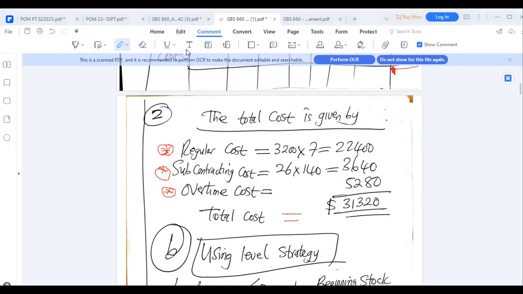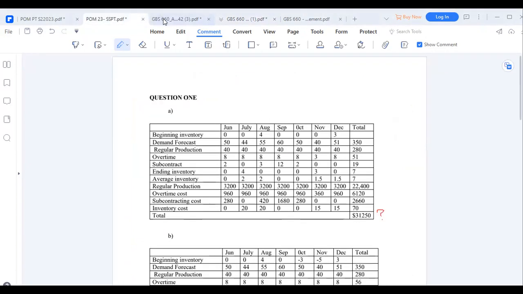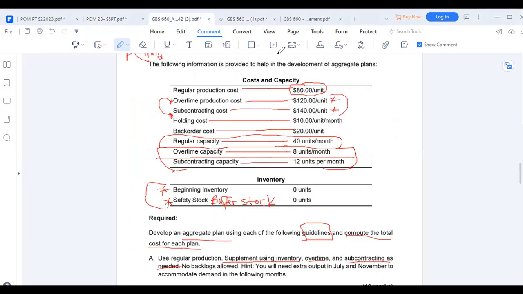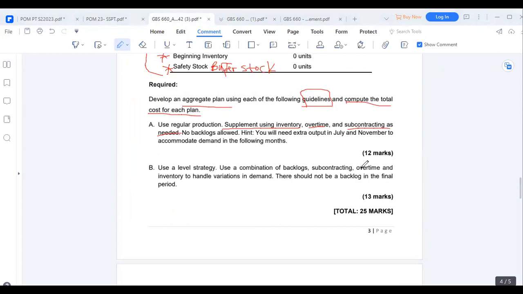All right, so for the first one, we have the regular one. It says use the regular production, supplement using inventory, overtime and subcontracting as needed.